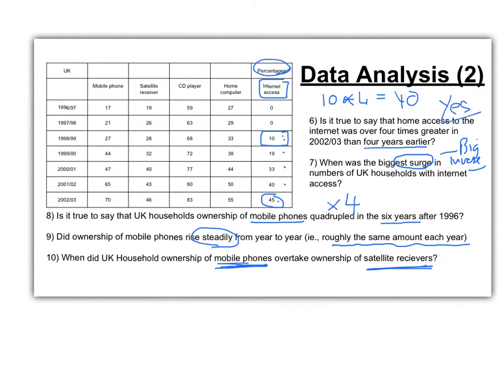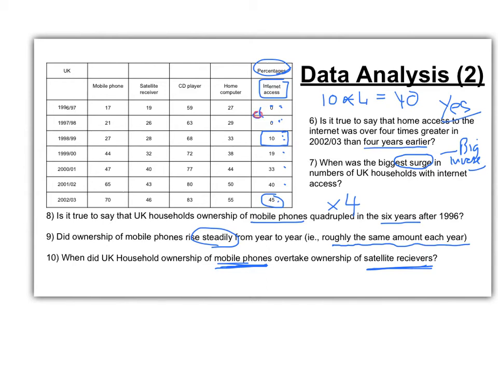When was the biggest surge in UK ownership of internet access? Now, a surge is a big increase, I've decided. So I'm looking for the difference between this number and this number, the 2 years. There's no difference there, so that's 0. Actually, I'm going to change the colour because it might be easier to see.